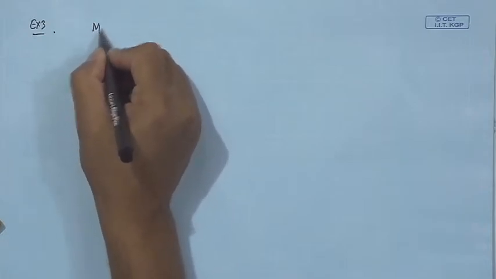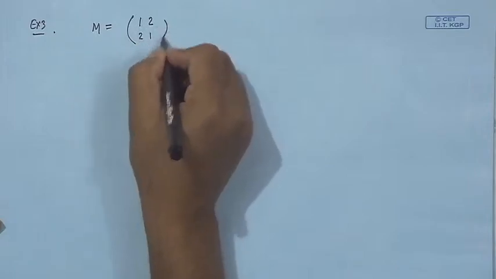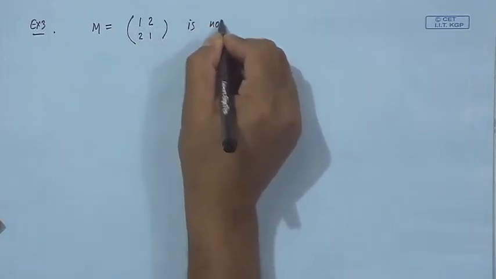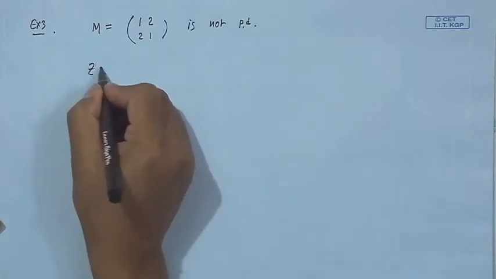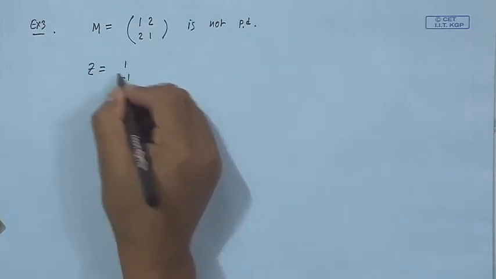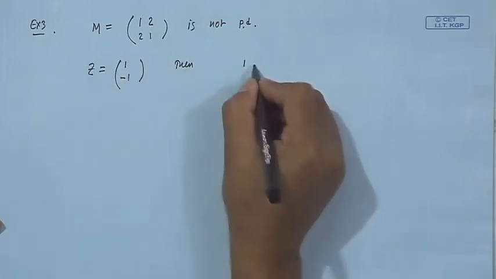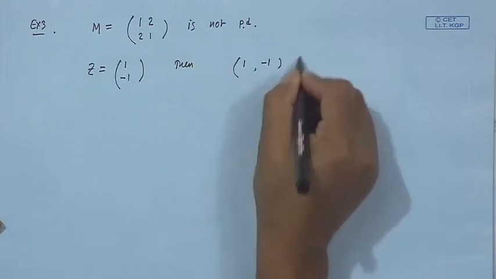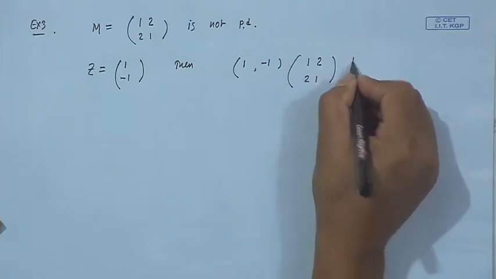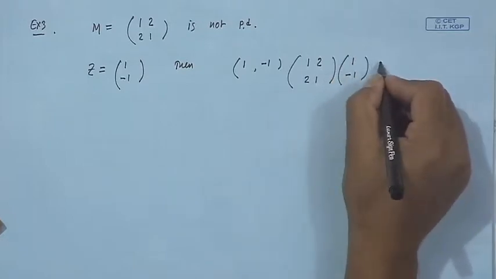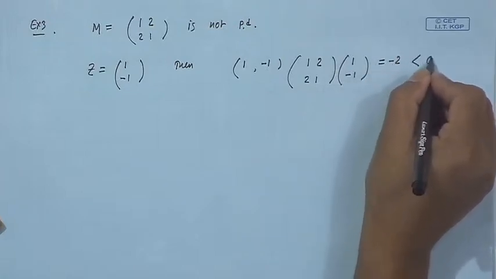So, take this matrix M, all positive terms 1 2 2 1, but this is not positive definite, because if you take z non-zero, say 1 minus 1, then you can check that 1 minus 1, 1 2 2 1, 1 minus 1, this is equal to minus 2, which is less than 0.